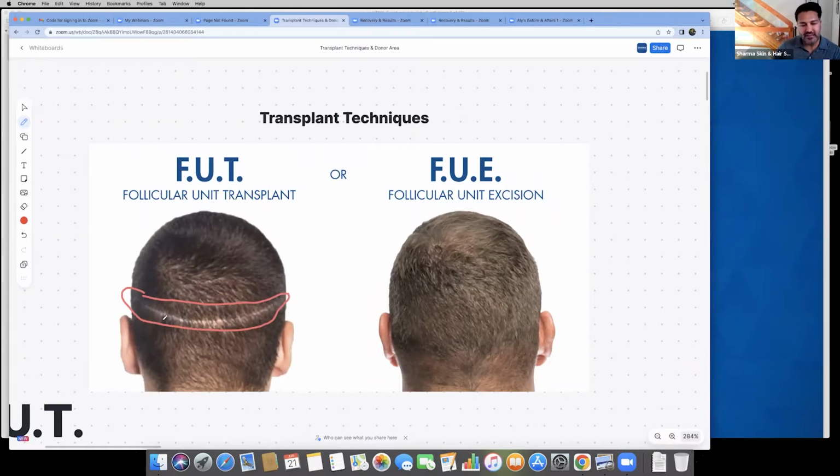As we can see here, that does leave a linear scar, but depending on the surgeon and the techniques used, these scars can be a lot more indistinguishable than what we see here, which is not one of our patients. But it's important to realize that it is a very good technique. It has stood the test of time, and it has its advantages and disadvantages like every other technique.